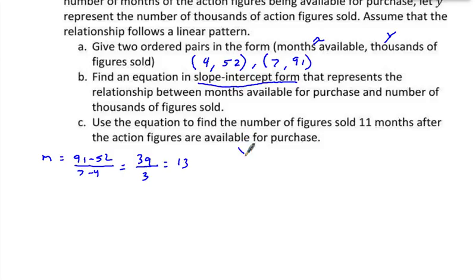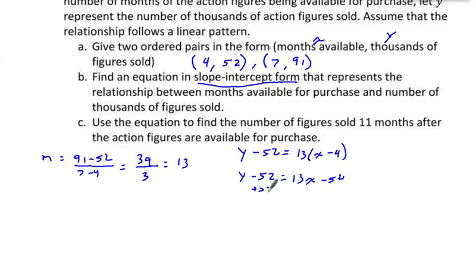Point slope form, y minus 52, because that's the point with smaller numbers, so that's what I'll choose. But again, you could choose the other point, equals the slope times x minus 4. We distribute 13. 13x minus 52.